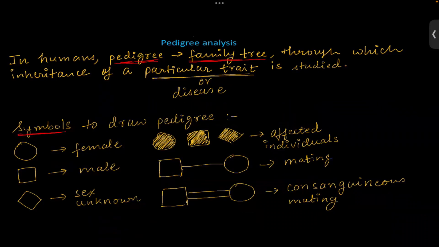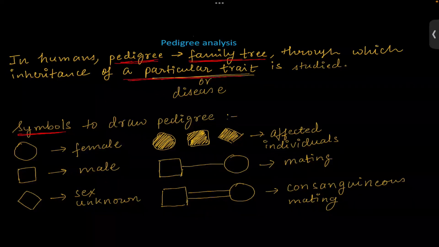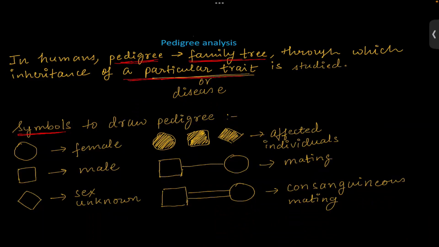Then, when we are studying a particular trait, remember, one pedigree or one family tree can show only one particular trait or one particular disease. You will find a few people are affected, showing that particular disease's symptoms. They are represented as squares or circles that are filled.